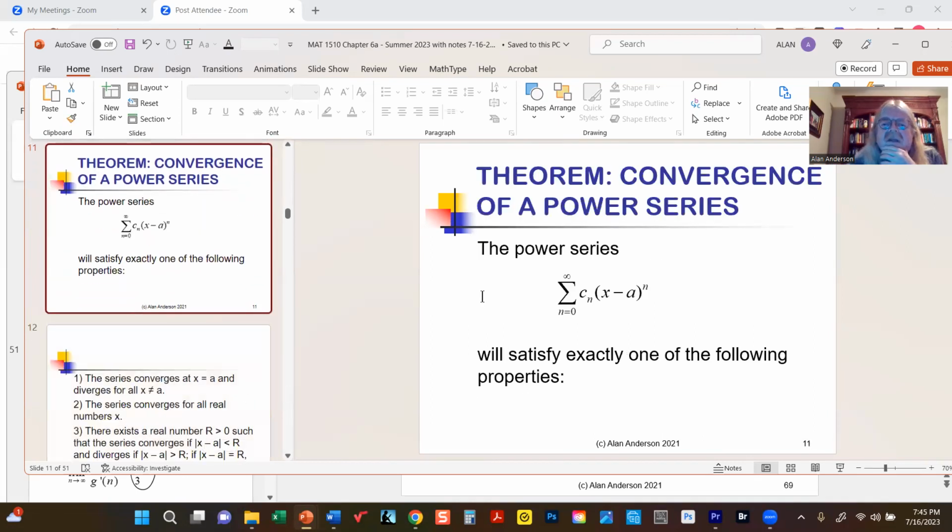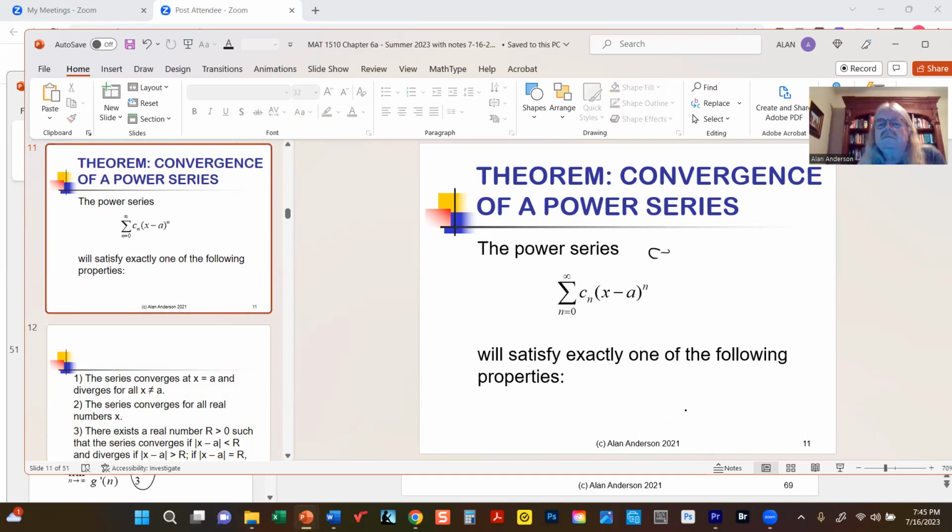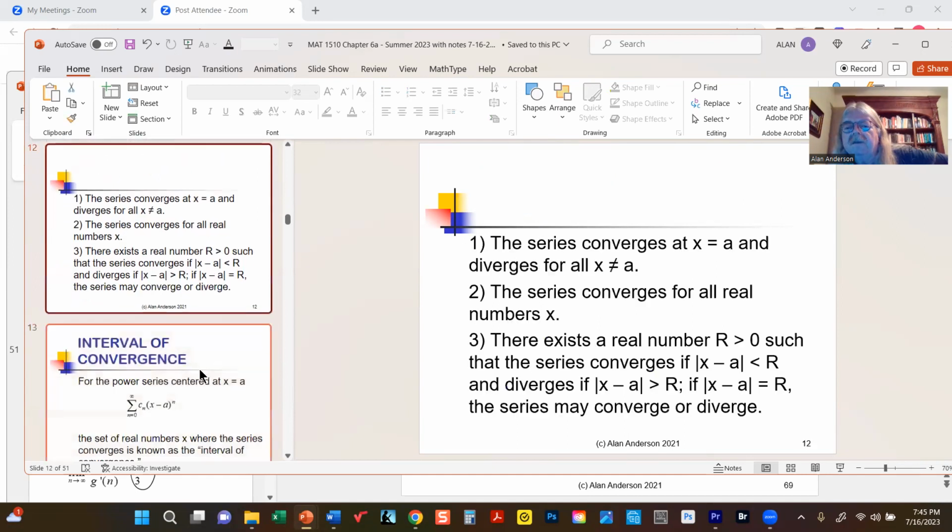Now, as far as this power series, this is the one that's centered at a, which is the most generic or general case. It's guaranteed to have one of the following properties. Either it converges at x equals a and nowhere else, or it converges for all real numbers, or there's a range within which it converges and it diverges outside that range.